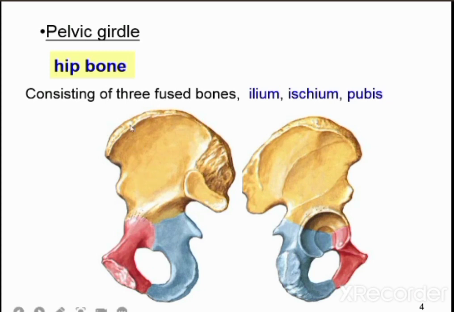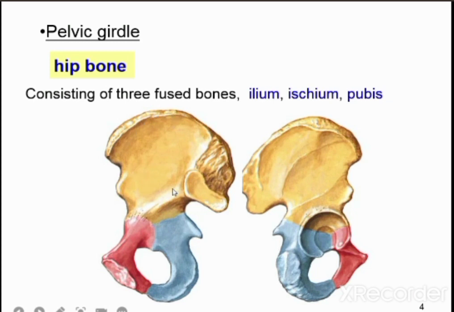We can see the three portions of the hip bone in different colors, because they come from different bones. Initially, the three bones grow separately, and they fuse together in adults.